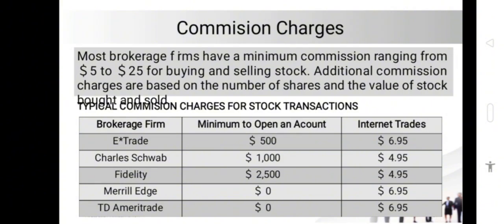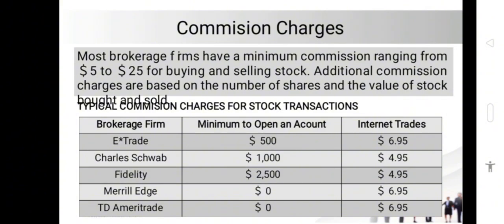In stock registration, commission charges are typically a percentage of the transaction value and are added to the cost of purchasing or selling stocks. Examples of brokerage firms are E-Trade, Charles Schwab, Fidelity, Merrill Edge, and TD Ameritrade.